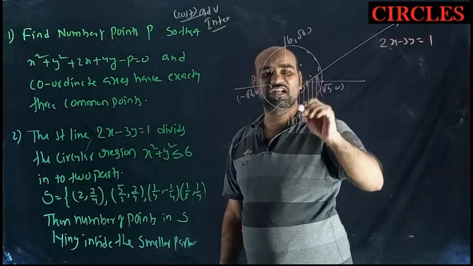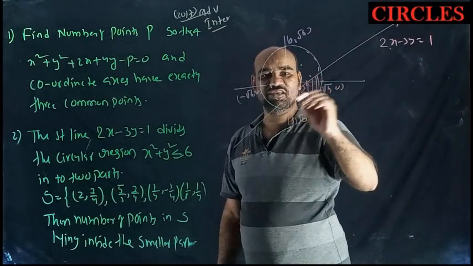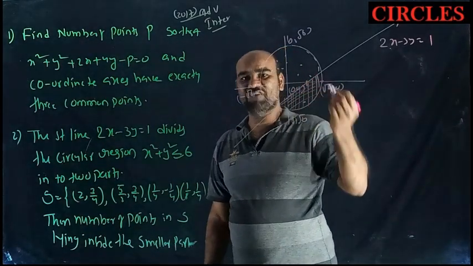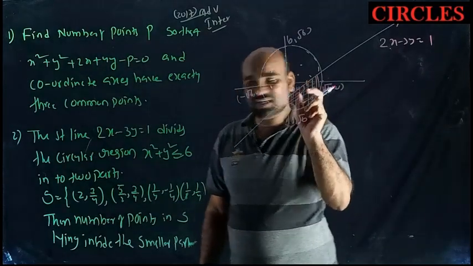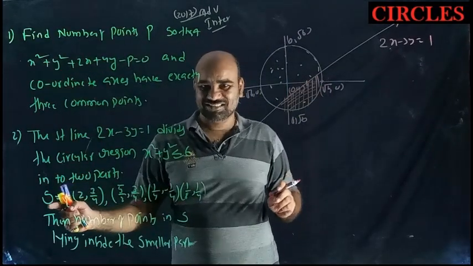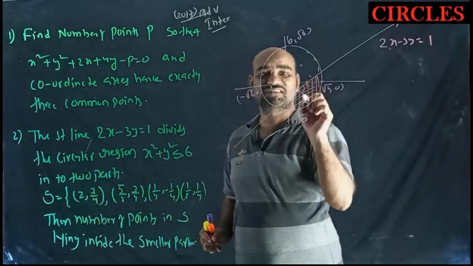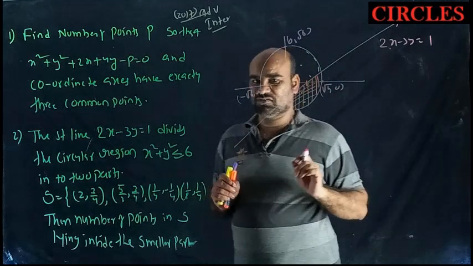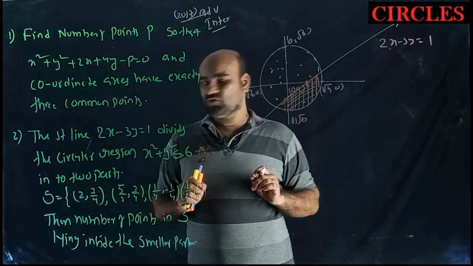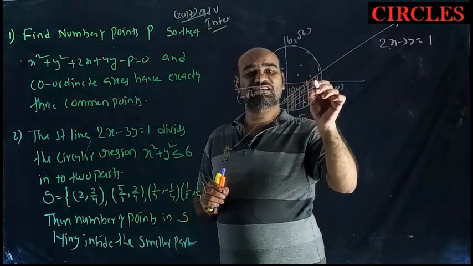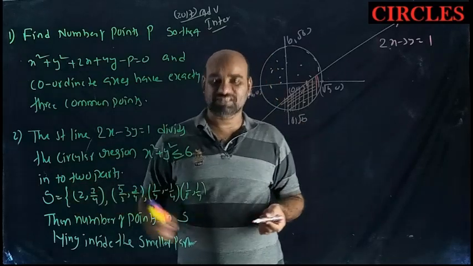Now we want to identify how many. Actually, in this region there are infinitely many points. How many of those are the points in S? Now you want to check whether (2, -3/4) is a point of this region or not. We need to cross check. Understood? So we just want to find how many points of the smaller region belong to S.